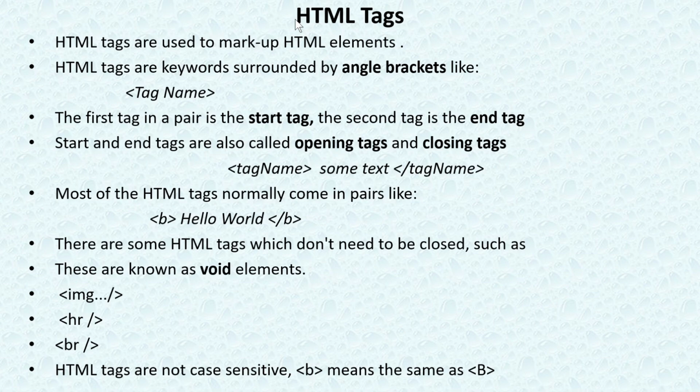HTML tags are used to mark up HTML elements. HTML tags are keywords surrounded by angle brackets, like a tag name. The first tag in a pair is the start tag. The second is the end tag. Start and end tags are also called opening tags and closing tags.